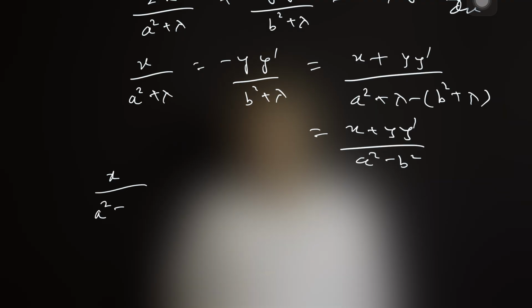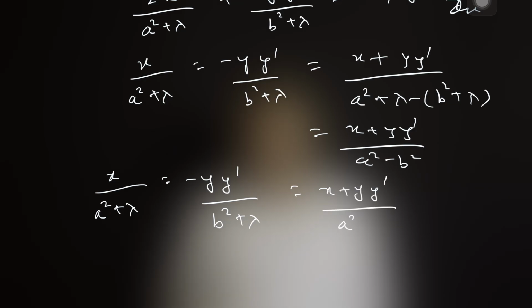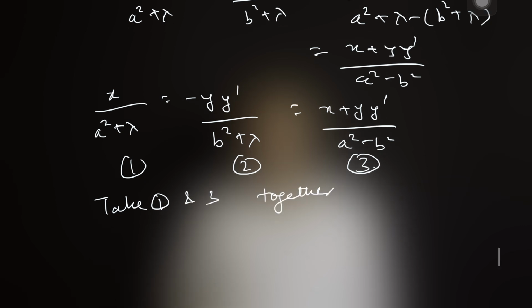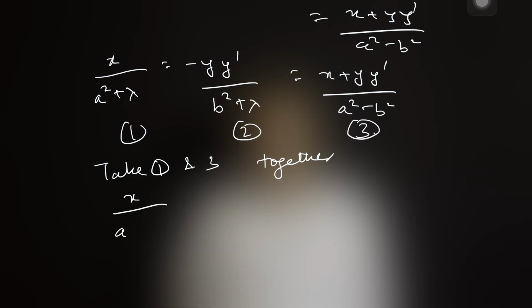So this is what I get, that is x upon a square plus lambda is equal to minus y dash upon b square plus lambda is equal to x plus y dash upon a square minus b square. So I can call these 1, 2 and 3. If I take 1 and 3 together, I can write x upon a square plus lambda is equal to x plus y dash upon a square minus b square.